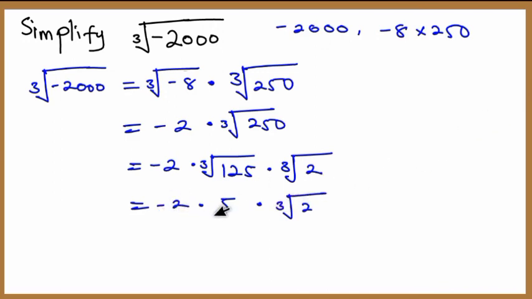So from here, we know that this -2 times 5 gives us -10, multiplying cube root of 2. So our -10 times this one also gives us -10 cube root of 2. So this is our final answer for this equation.